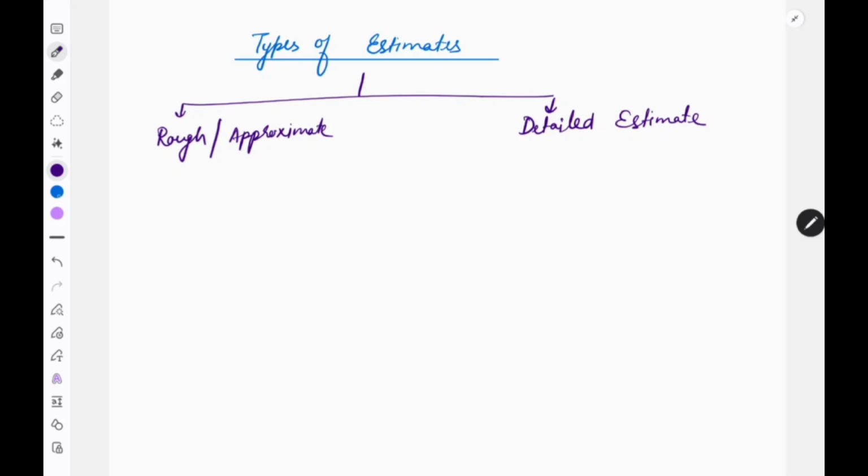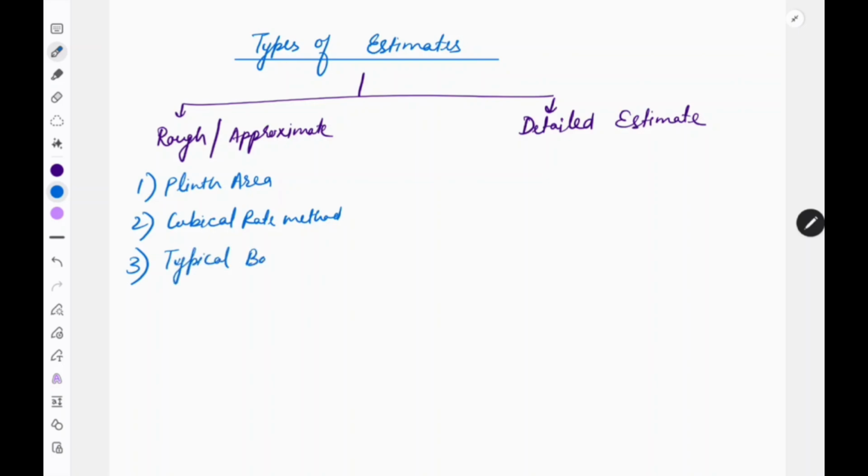Now coming to the different types of rough estimate, we have the plinth area method, then the cubical rate method, then the typical bay method, and then the unit rate method.